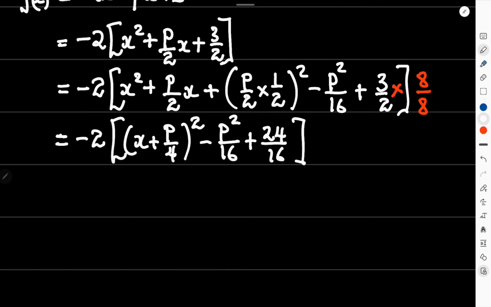Once we have this, we can multiply in the negative 2, the one which is outside. Let's multiply it inside.